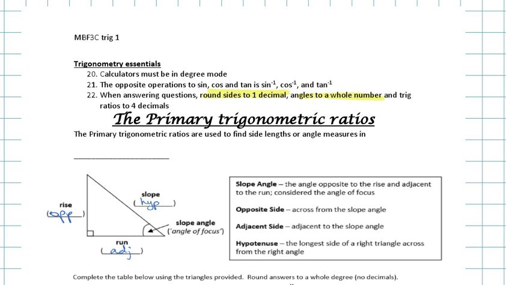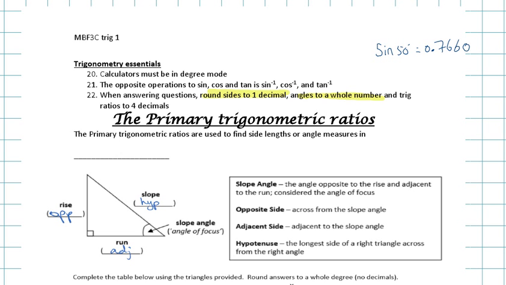Just sine 50. 0.76. Good. So if you do sine 50, you're going to get 0.76. Keep going: 6, 0, 1 more 6, 0, 0, triple 4.